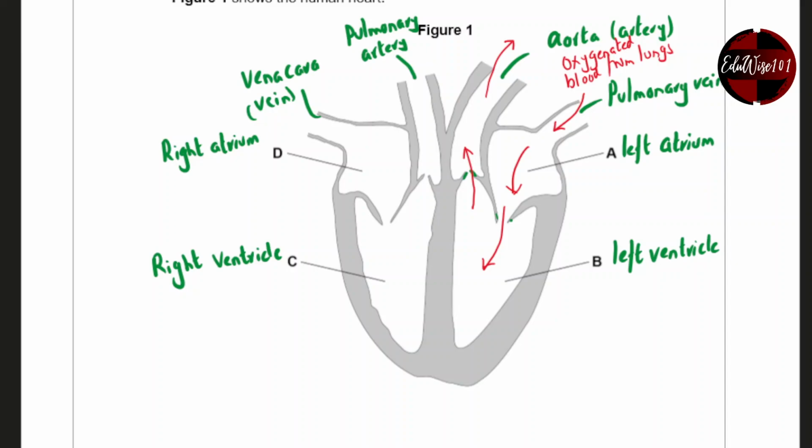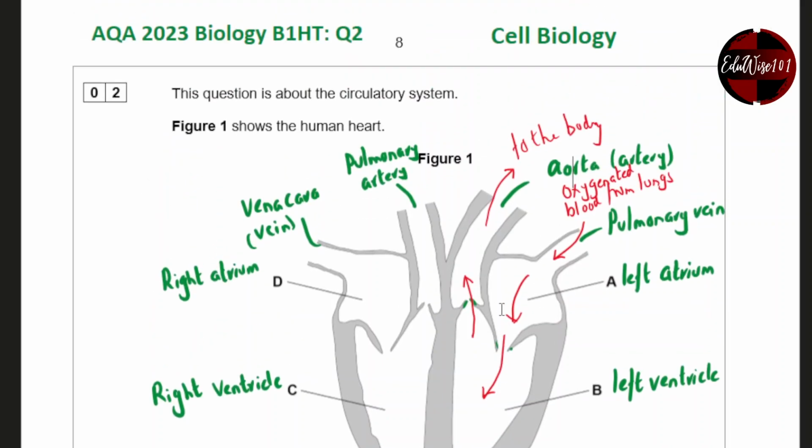Now on the right hand side, blood comes in, so this is to the body. Sorry, that's a bit out of camera. There you go. And it comes on the right hand side.